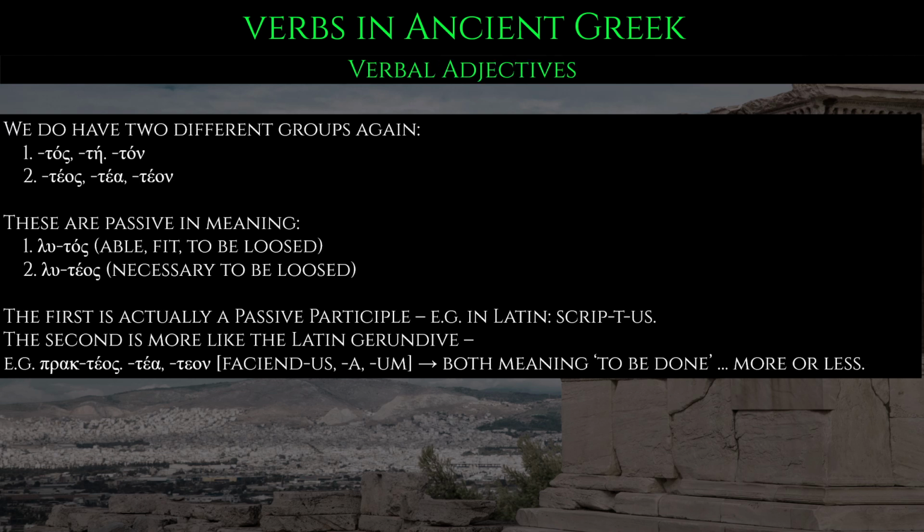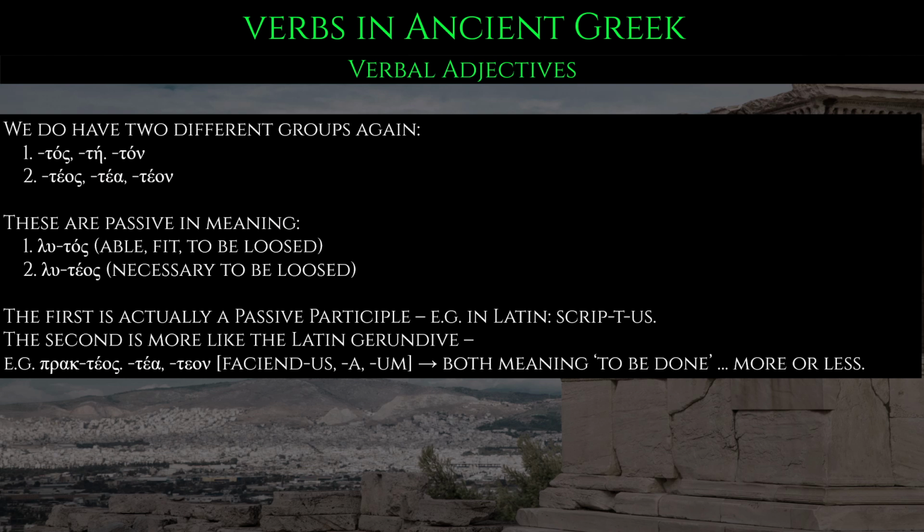Now back to the verbal adjectives. Here again, we have two different groups. First, here just the endings again, tos, te, ton, and second, teos, tea, teon. And these are passive in meaning. Again, the first group, for example, lytos, which means able, fit, or to be loosed. Comparing to the second group, lyteos, which means something like necessary to be loosed.